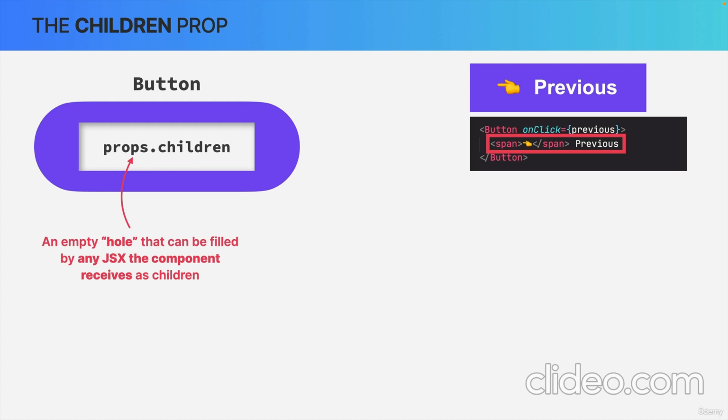Just like in HTML, we can write anything that we want between the opening and the closing tag of the component that we are using. In this example, this piece of JSX creates the elements that are then the children of the button component, and they will be accessible inside that button as props.children. So that's why we say it is the children prop.